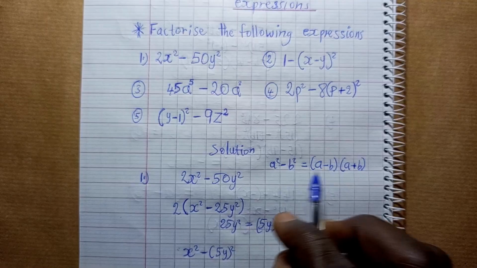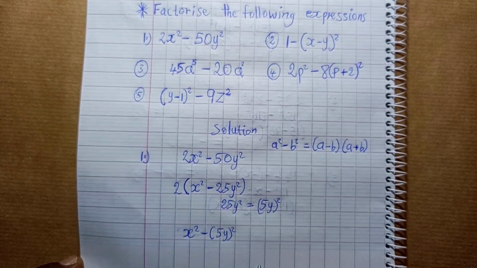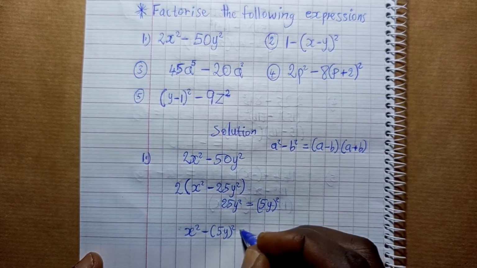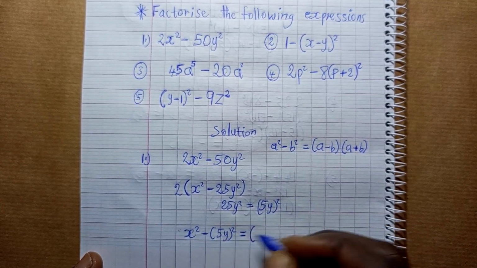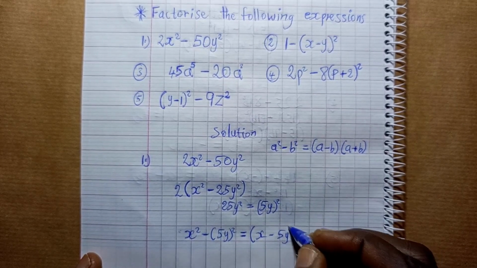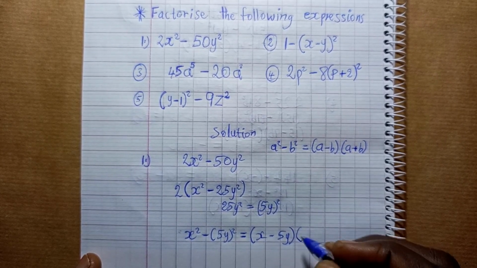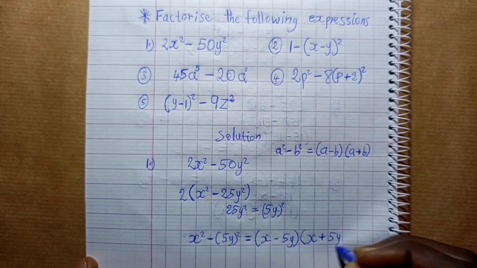So using this formula, we can now break down this expression, which is equal to (x minus 5y)(x plus 5y).